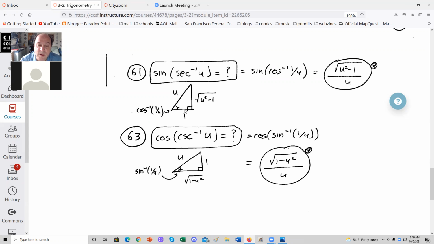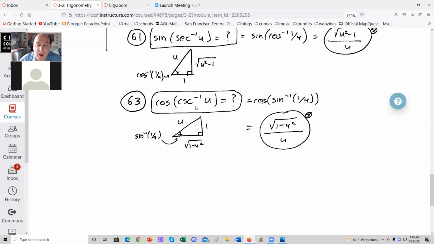So put a u here and a 1 here. And so this angle will be arc cosine of 1 over u and also arc secant u. Fine. Diagonal u, side here 1, the other side is the root of u squared minus 1, again, by Pythagoras. So, all right. So sine is opposite over diagonal. So root u squared minus 1 divided by u.